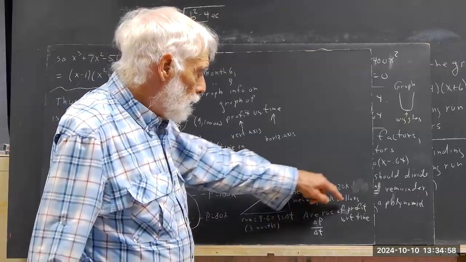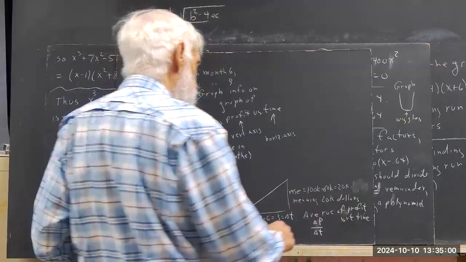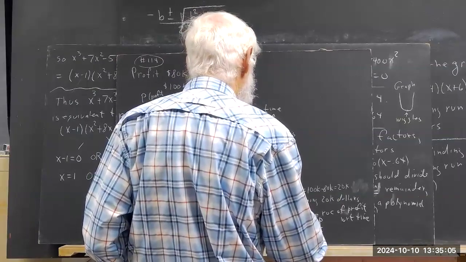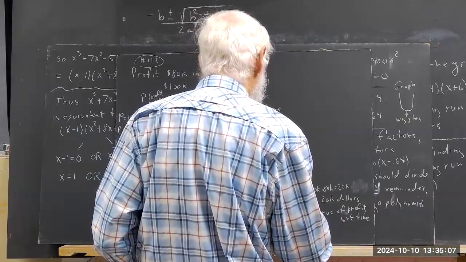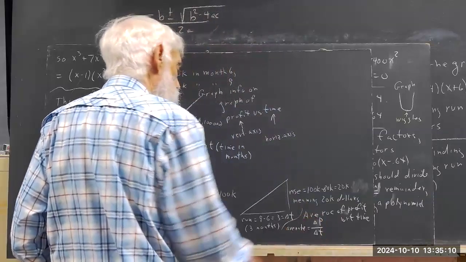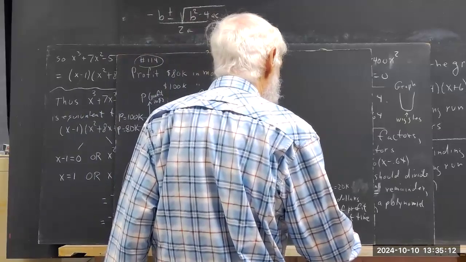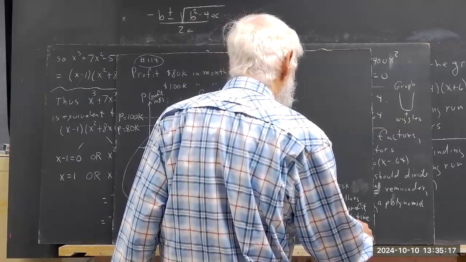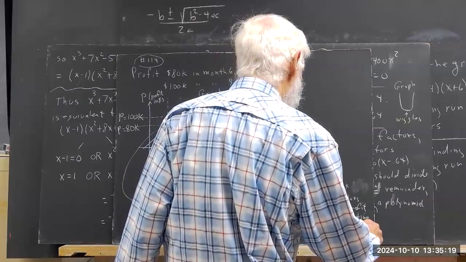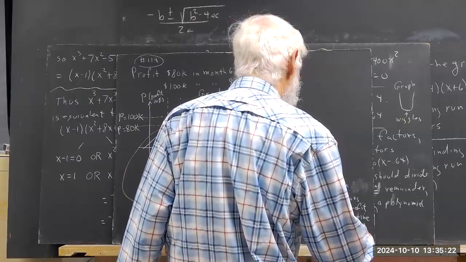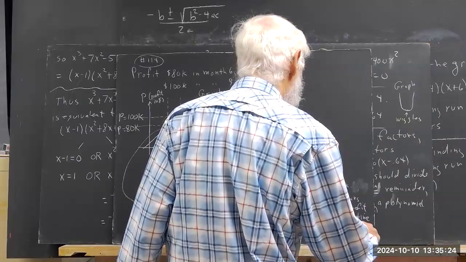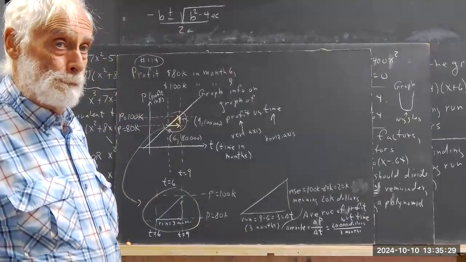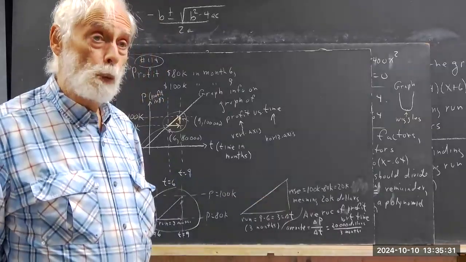The average rate of change of profit with respect to time. Average rate is delta P over delta T. $20,000 over 3 months, right? And I put the dollars and months there so I know what it means.